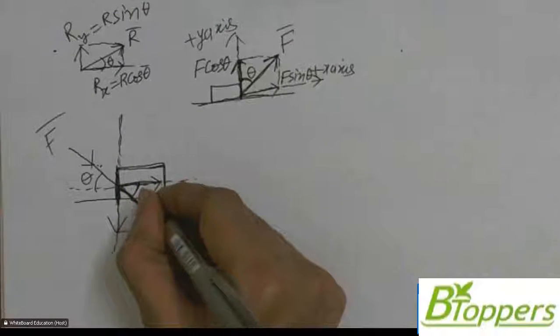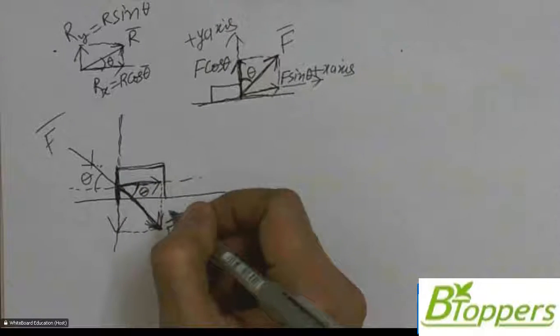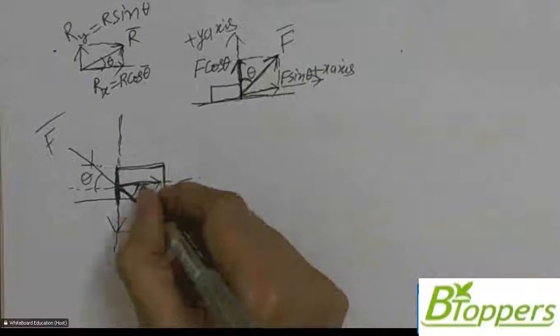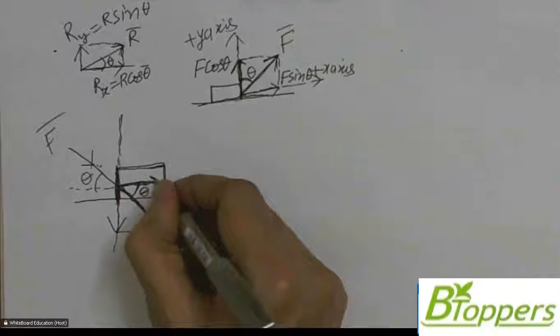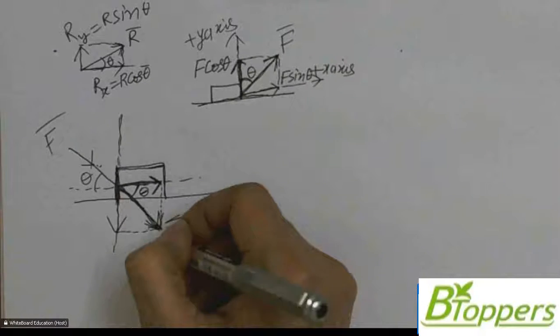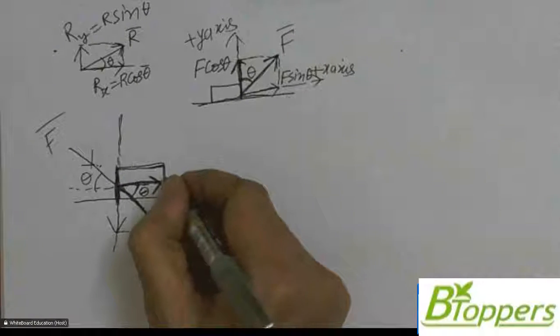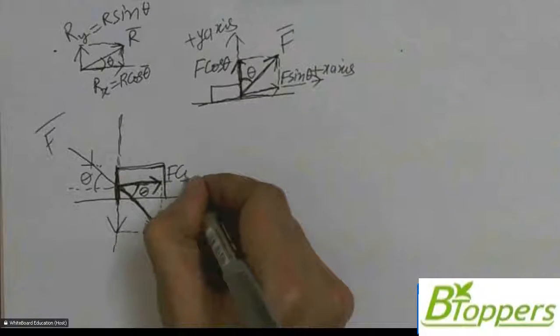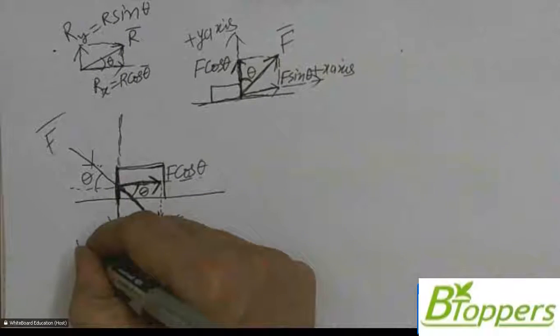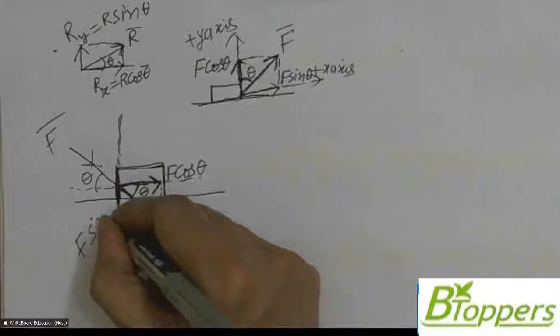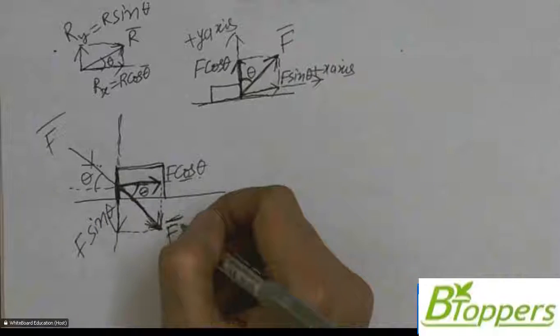So this angle will also be equal to theta. So this component which makes angle theta with the direction of the force, that will be F cos theta. The other component will be equal to F sin theta.